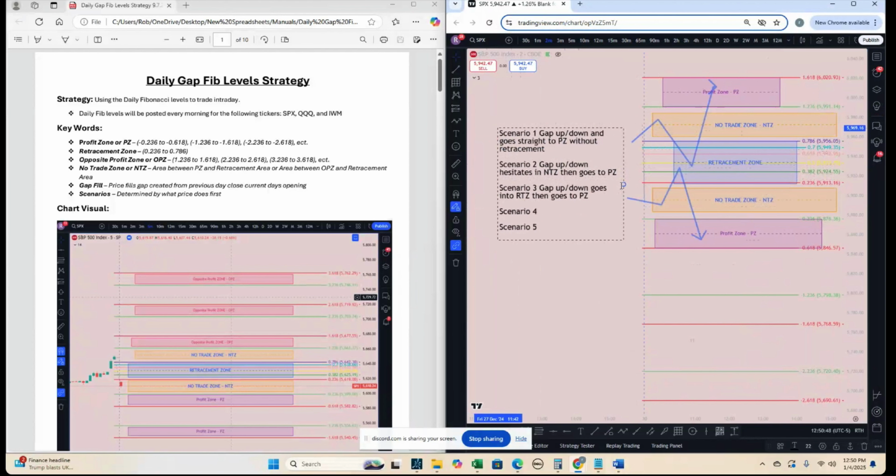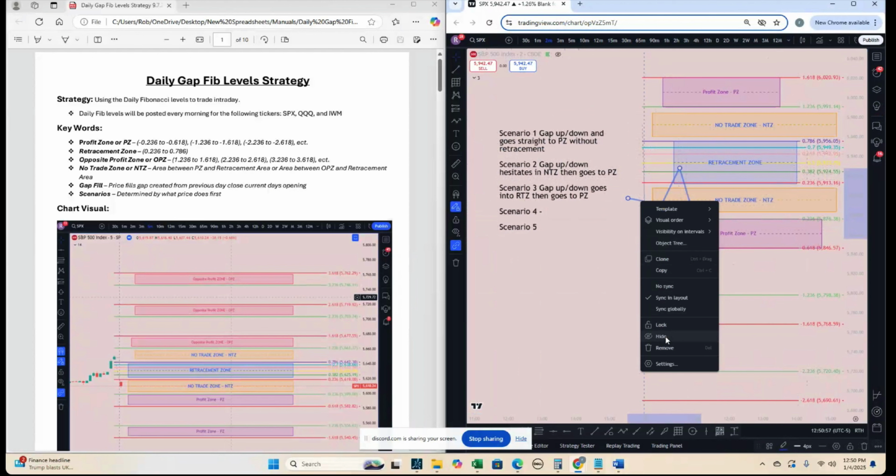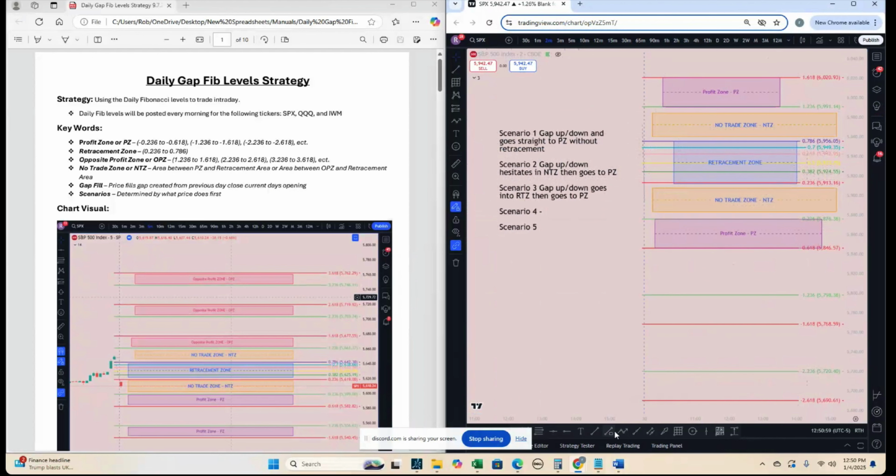Scenario 4. Move this out the way. So say if price closes here previous day, we gap up and we fill the gap before hitting the profit zone.